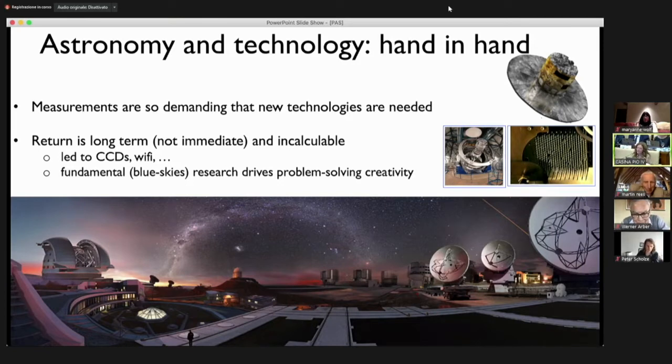The turnaround of being able to measure this for society might be on the long term. We have enough examples to see that when you're driven by curiosity, you're doing fundamental research that drives this creativity that eventually returns to society, not only in terms of fundamental knowledge, but also in terms of technology.